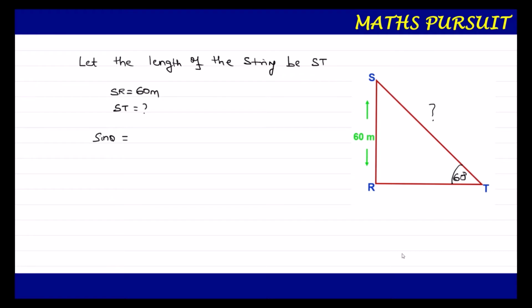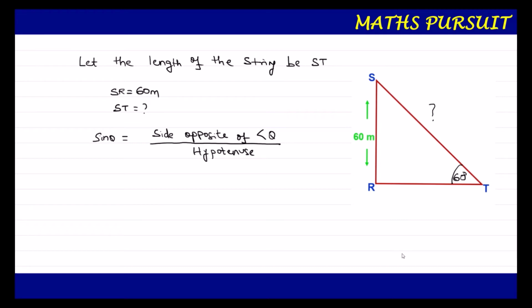Sin theta is nothing but the side opposite to angle theta upon the hypotenuse. Guys, the most important thing here is to identify which trigonometric identity we are going to use, either sin, cos, or tan.